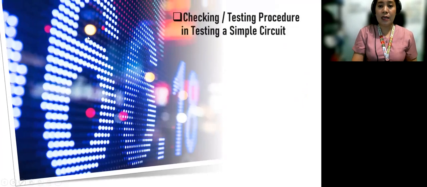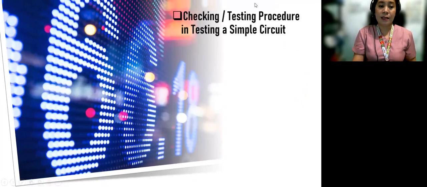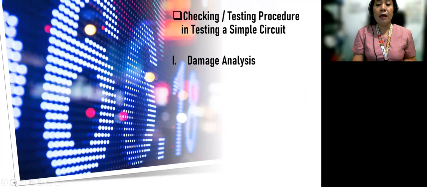Along with the checking or testing procedure in testing a simple circuit, there are also items that you need to verify. Number one is damage analysis, to determine to what extent this particular electronic gadget or device is defective.